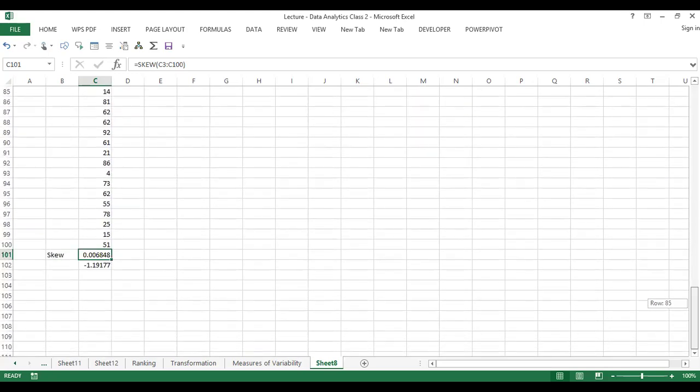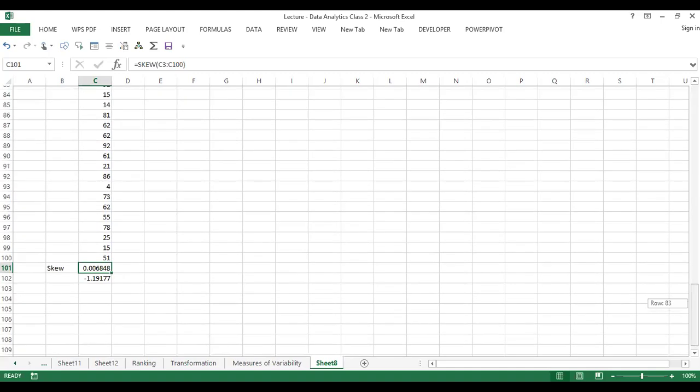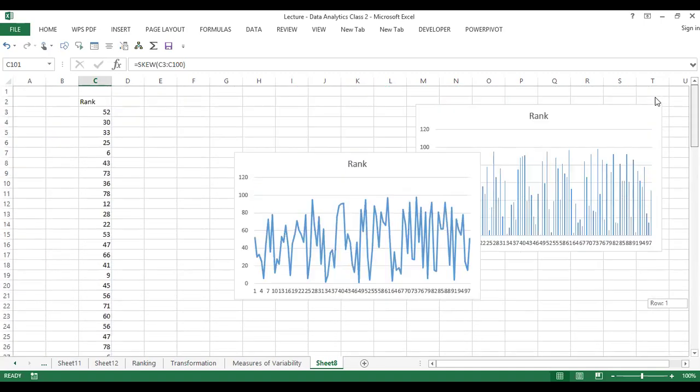And then the kurtosis is negative, which means this data is not steep. It's kind of depressed. So that is that.